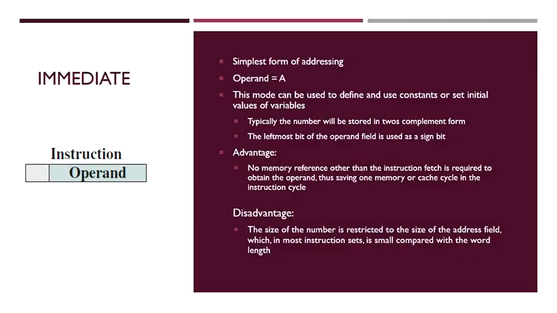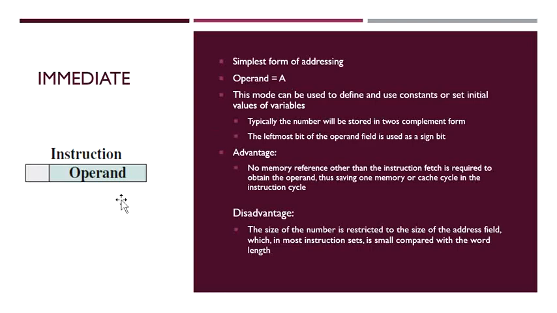The first addressing mode is the immediate addressing mode. This is the instruction format, and this is the address field. The address field contains the operand itself, and immediate is the simplest form of addressing.